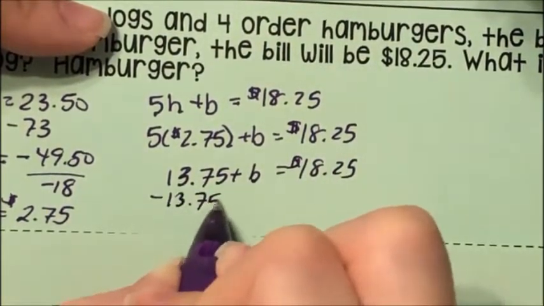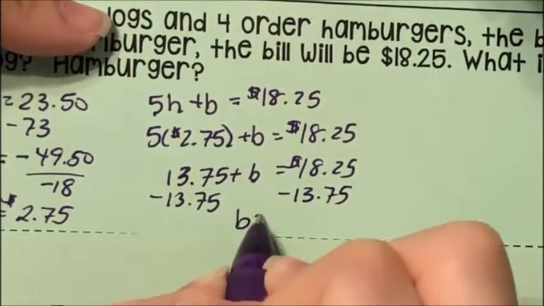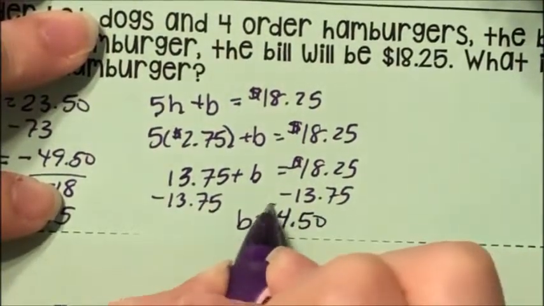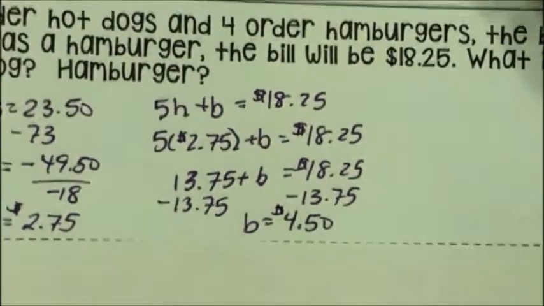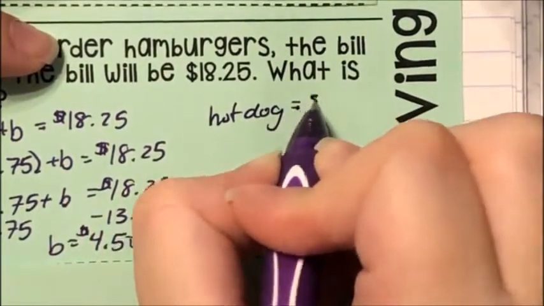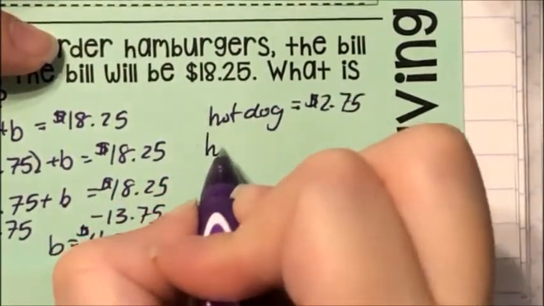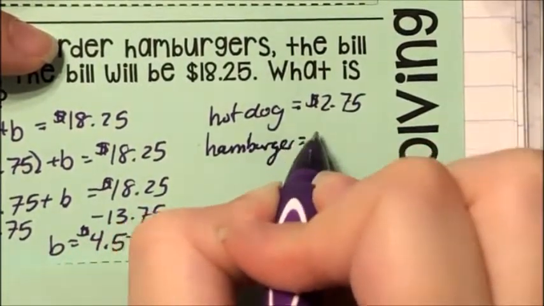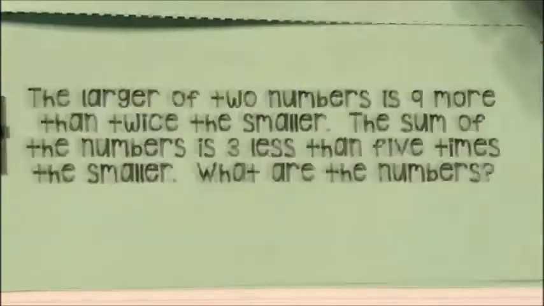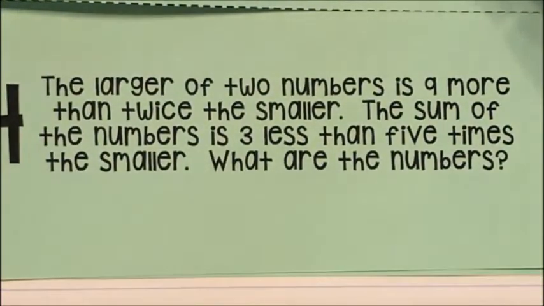I subtract, and I get $4.50. So hot dog equals $2.75. Hamburger equals $4.50.